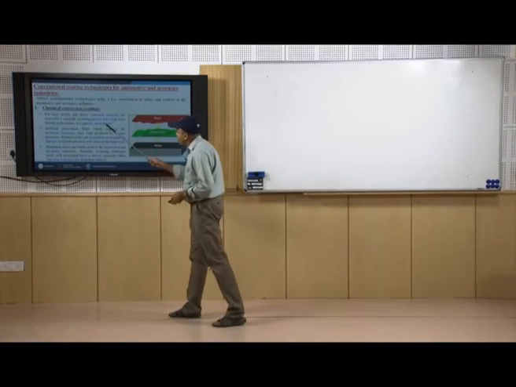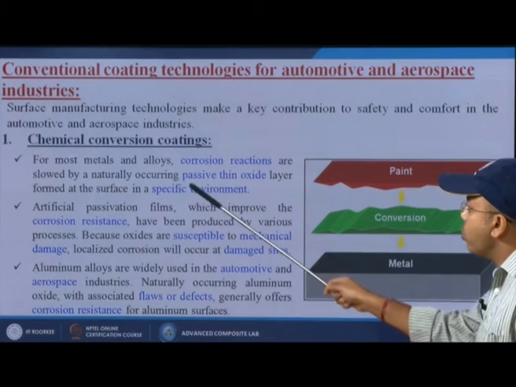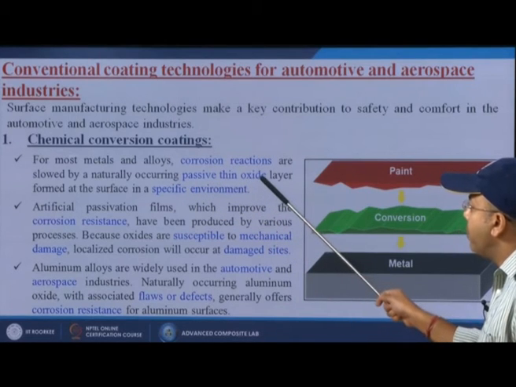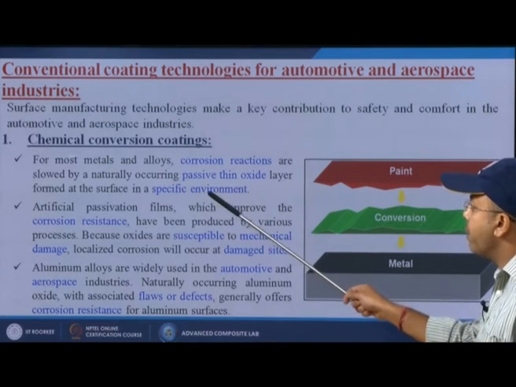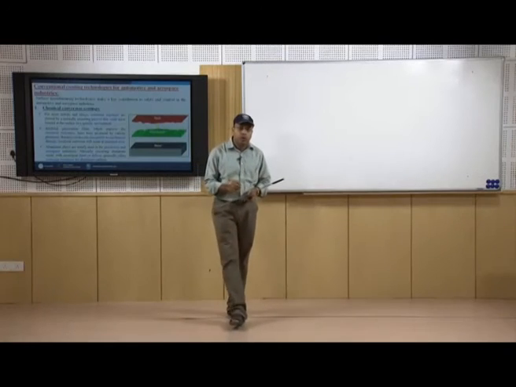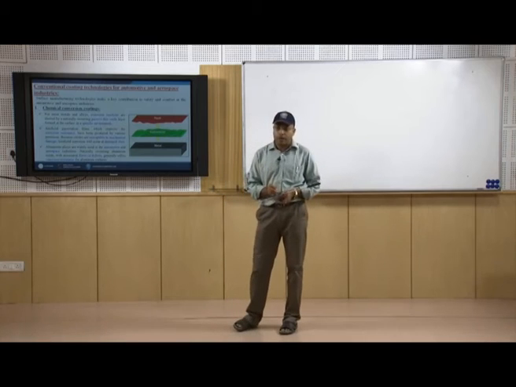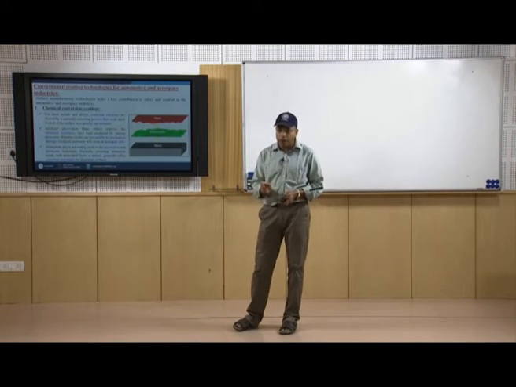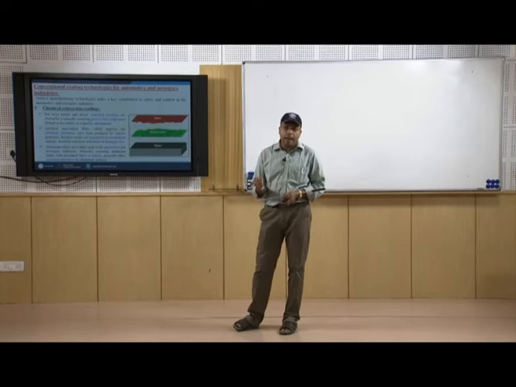For most metals and alloys, corrosion reactions are slowed by a naturally occurring passive thin oxide layer formed at the surface in a specific environment, because these corrosion reactions are the most irritating problems for us. Suppose I keep a material for a longer time, it will slowly absorb moisture or some kind of acid or base from the environment itself, and they will react with each other.